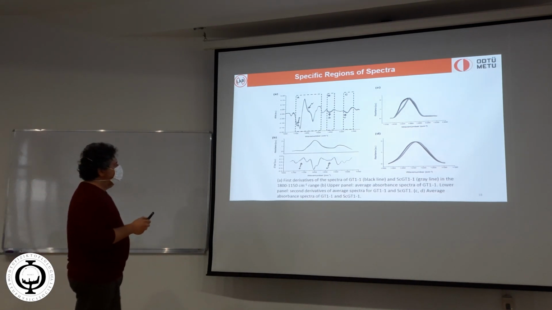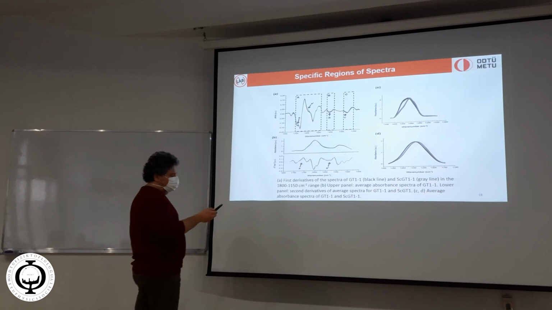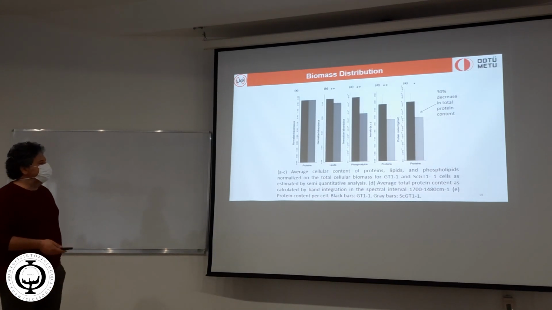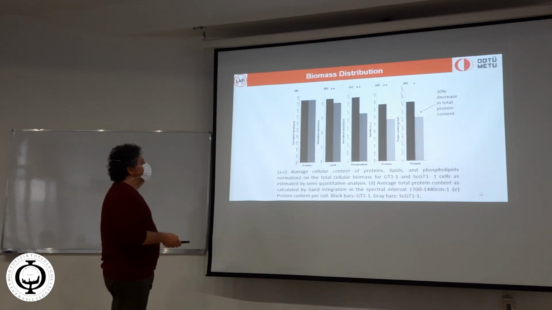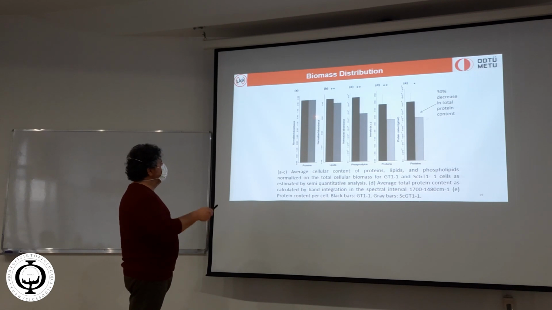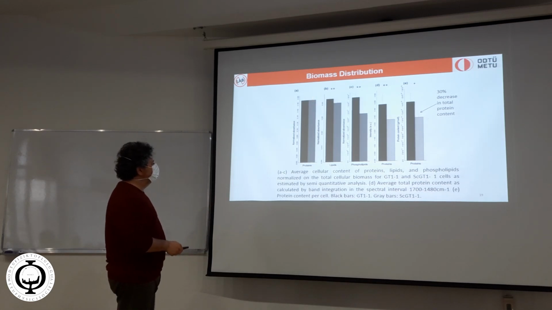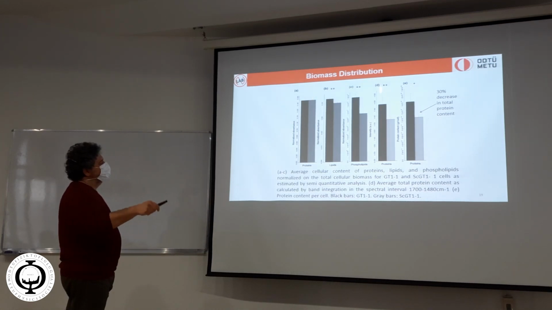And now, once you figure out these differences by this very careful analysis, you can come to some conclusions, such that if you compare the normal cell content to a prion-infected version, the light gray is the prion-infected, and the dark gray is the normal.